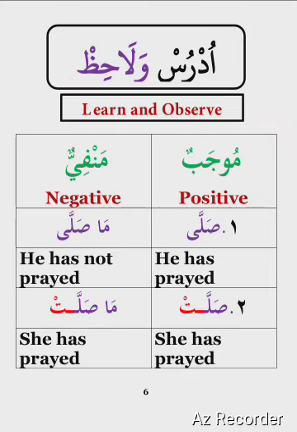This is the form of a verb in Arabic that means nothing has happened. Wahid, number one. Salla, he has prayed. Ma salla, he has not prayed. Now we have learnt how to say he has prayed and how to say he has not prayed.